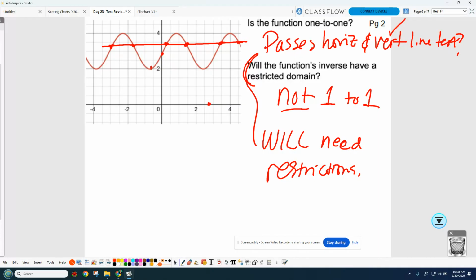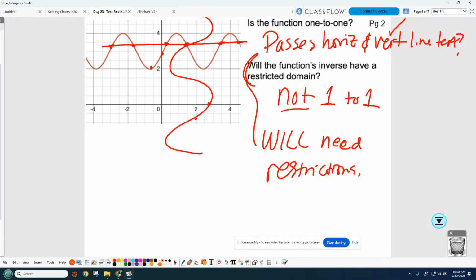And this coordinate (-1.5, 2) is going to be (2, -1.5). So this curve is going to do this. Is that inverse, now reflected, a function? No, because it fails the vertical line test all over the place.